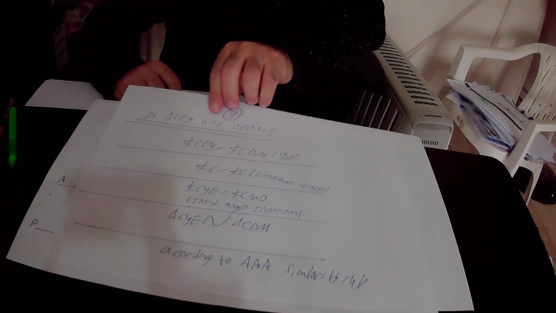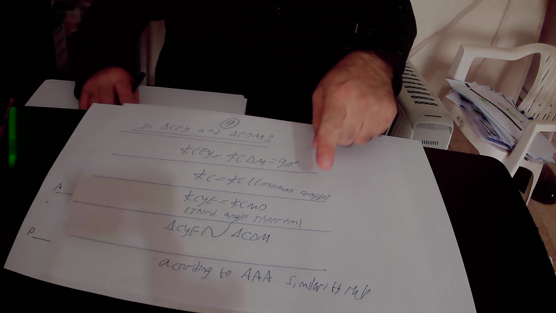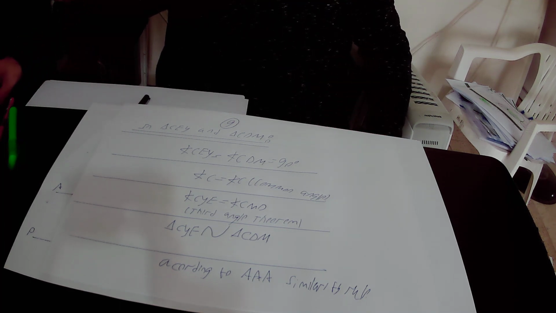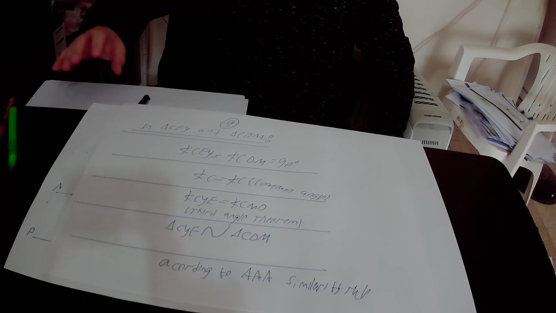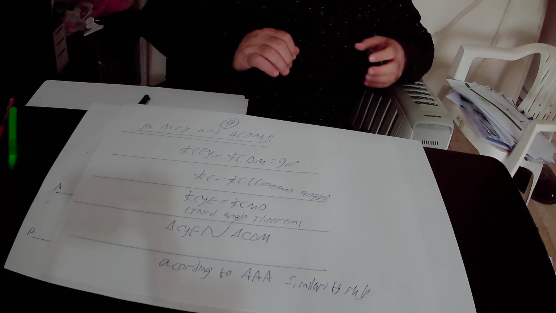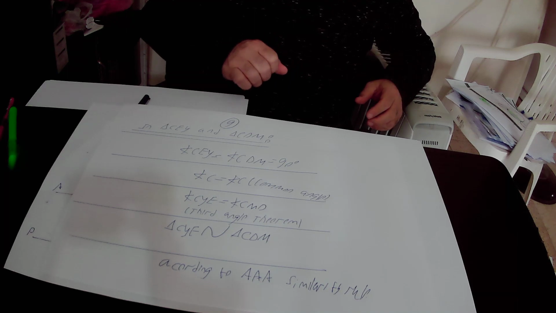I will repeat again. We actually proved the triangle CYE is similar to triangle CDM according to angle similarity rule. So what is angle similarity rule? Angle similarity rule is that if you prove that all three angles in one triangle are congruent to all three angles of another triangle, then you actually proved that those two triangles are similar to each other according to angle similarity rule.